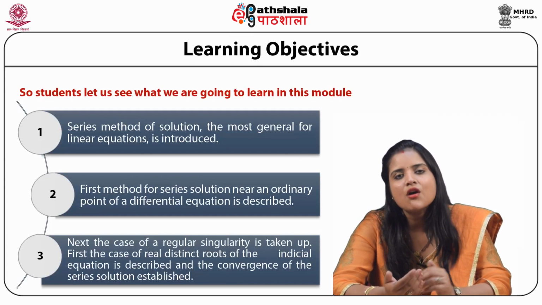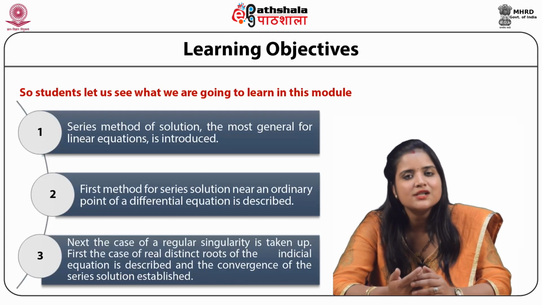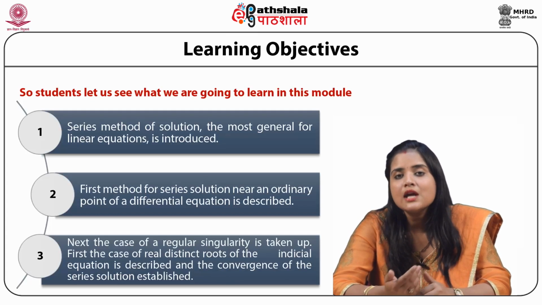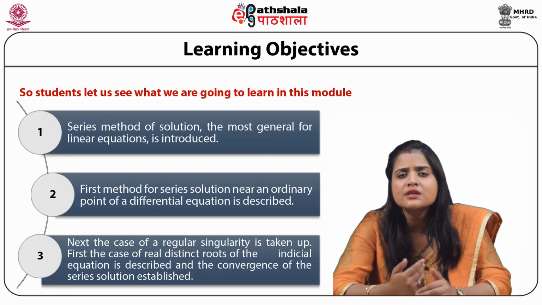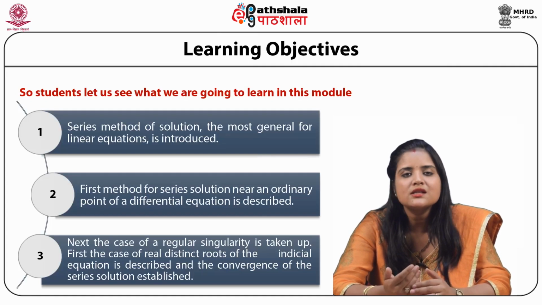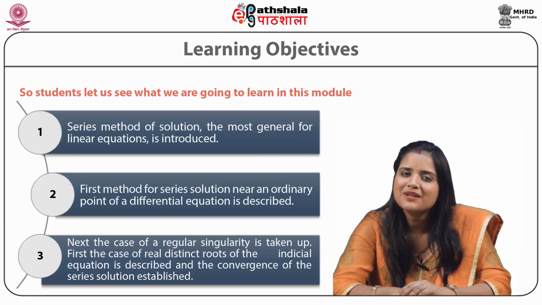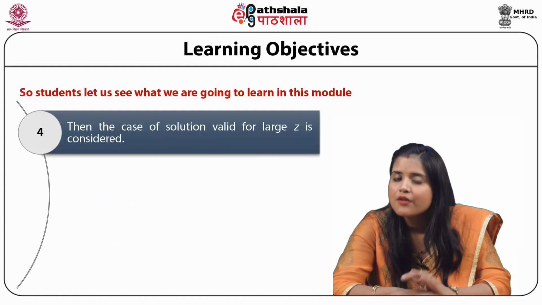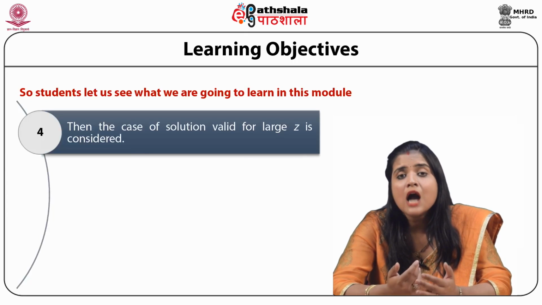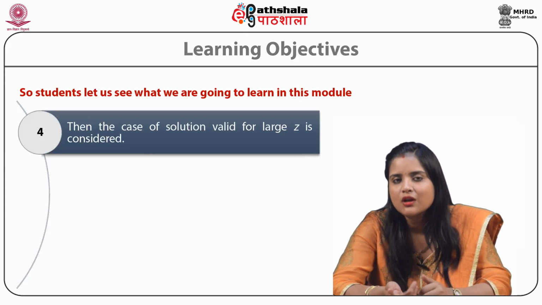Next, the case of a regular singularity is taken up. First, the case of real distinct roots of the indicial equation is described and the convergence of the series solution is established. Then, the case of solution valid for large z is considered.